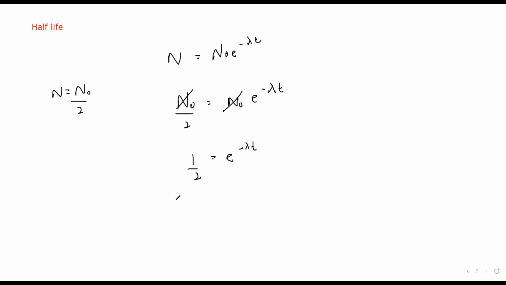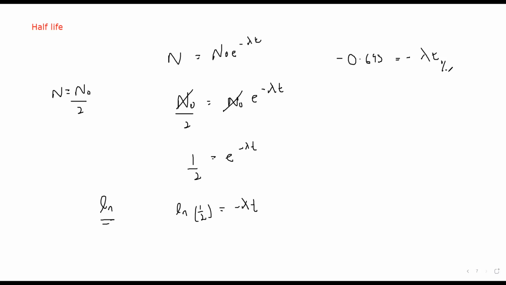To remove this exponent, I'll take ln on both sides. So it will be ln 1 by 2 or 0.5, and ln will cancel with e, so it will be minus lambda t. When I take the value of ln 0.5, it comes out as negative 0.693, and that is lambda t.